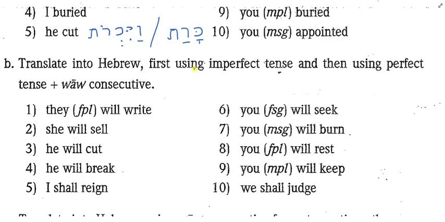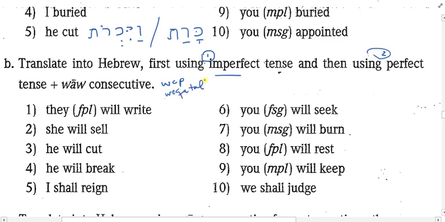I shall reign. So here, the first way that we've learned to do a future type of verb is just using an imperfect conjugation form. And the second is to use the perfect plus vav consecutive, or what I've labeled WCPs or v'katals. Okay?